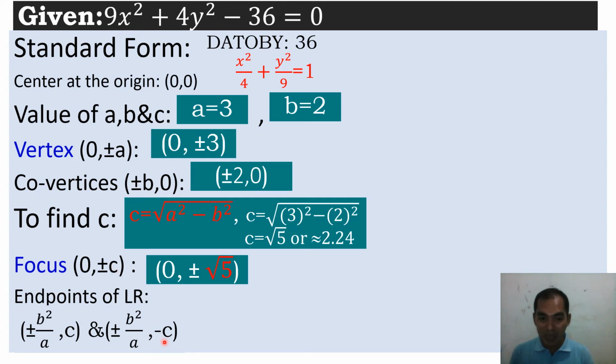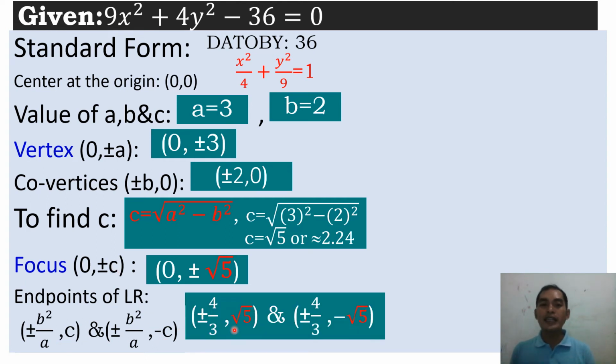Nasa Y siya, Y din siya nakalagay. Now, how to graph? We have this value, B squared is 4 over A is 3. So we have positive, negative 4 over 3, then square root of 5. The other one is positive, negative 4 over 3, then negative square root of 5.